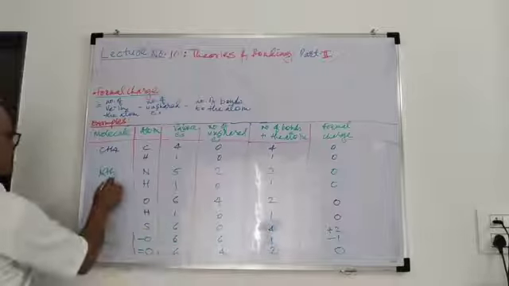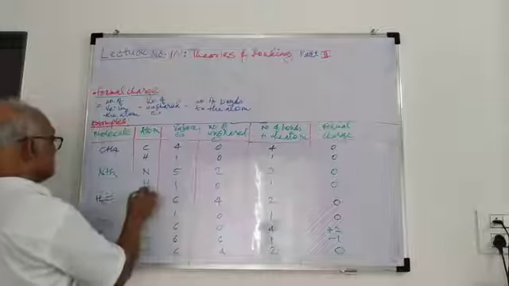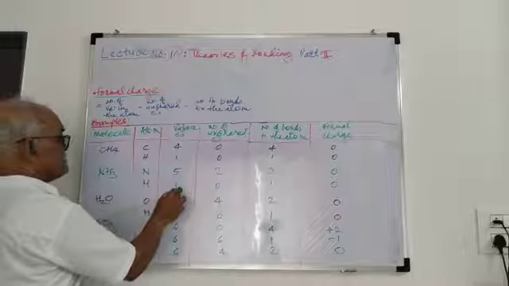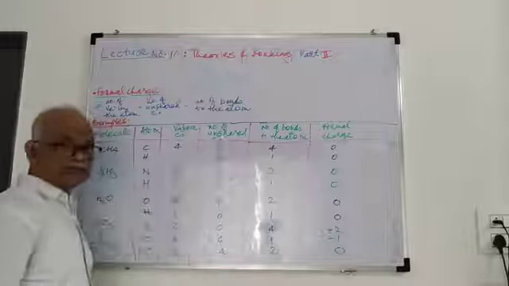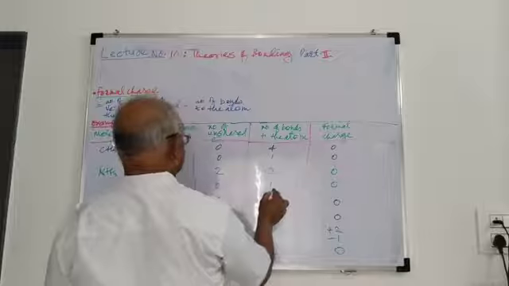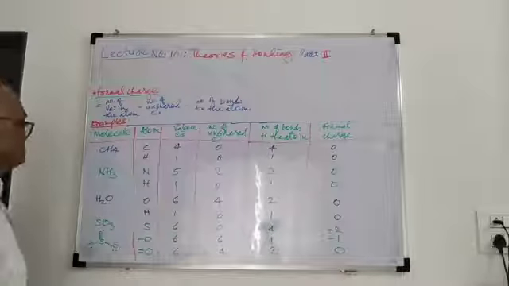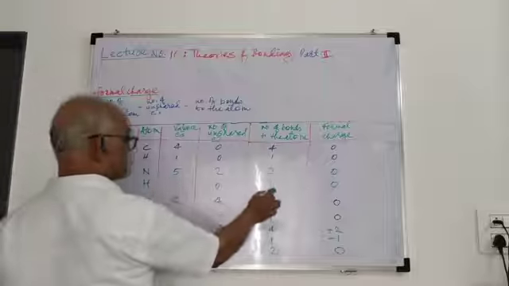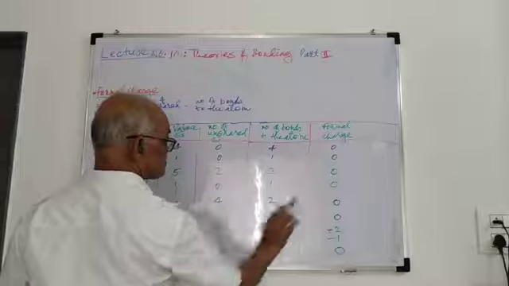Now there are hydrogen atoms. Hydrogen has 1 valence electron, 0 unshared electrons, and each hydrogen is bonded to nitrogen. So the number of bonds to hydrogen is 1. So 1 minus 0 minus 1 gives 0.